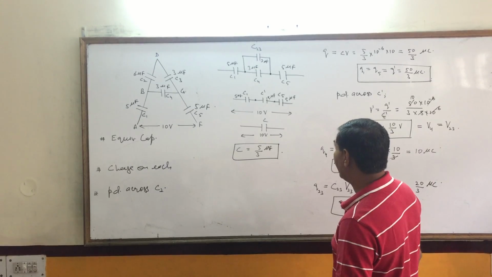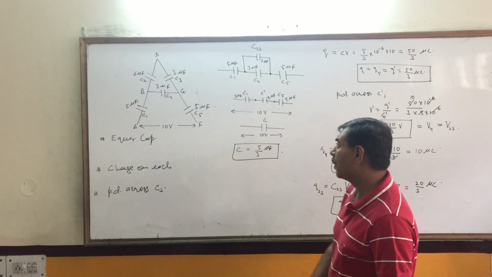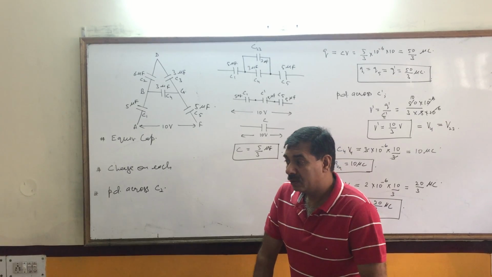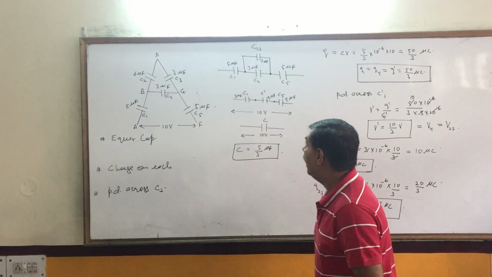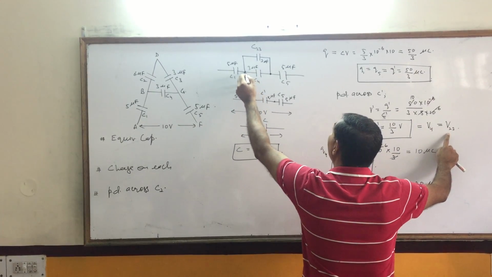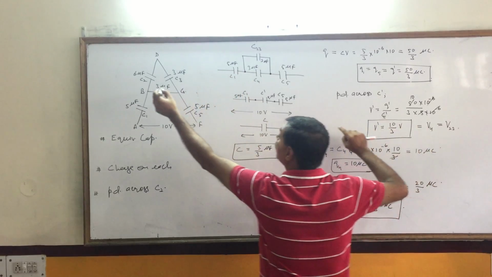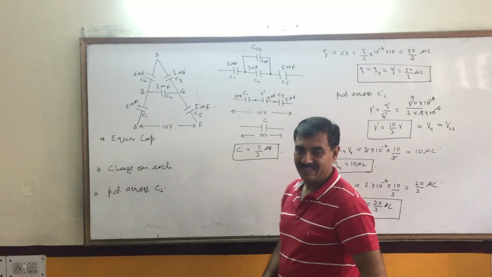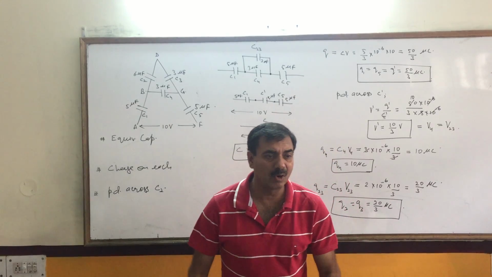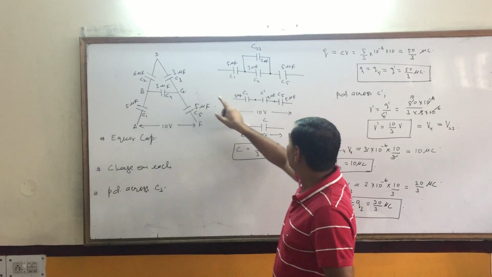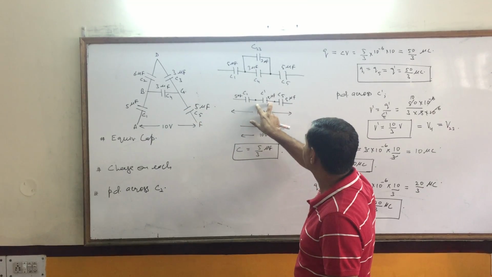We are still left with one issue: the potential drop across C2. Calm mind. Actually, V23 is V2 plus V3. The total potential drop across B and G is the potential drop across C dash.